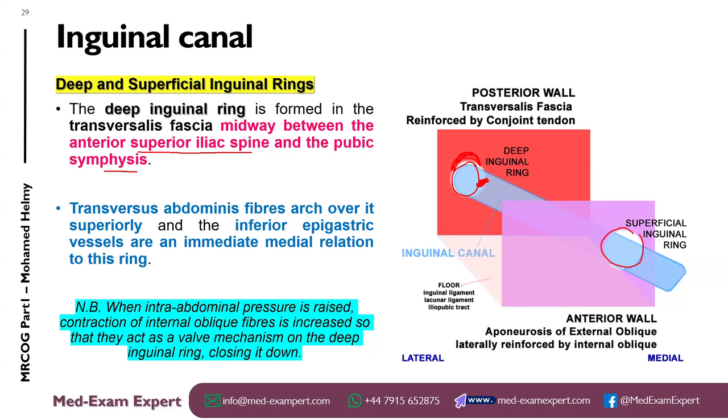As I told you, we have a lateral reinforcement by the internal oblique muscle. So when the intra-abdominal pressure is raised, the contraction of the internal oblique fibers is increased, so they act as a valve mechanism to the deep inguinal ring, closing it down to avoid herniation of any abdominal content through the ring.